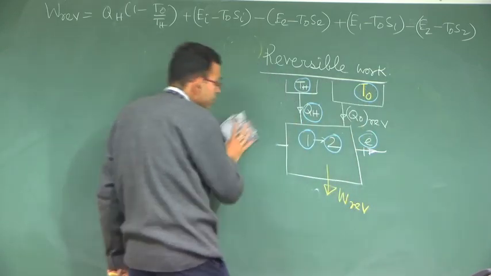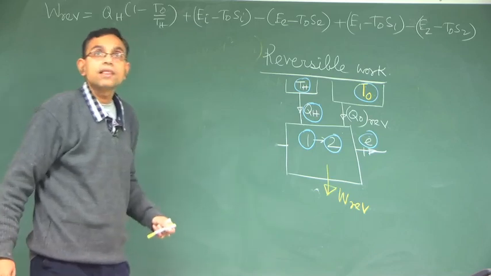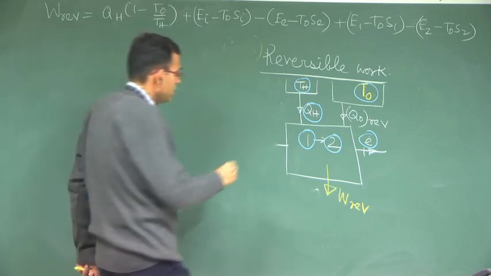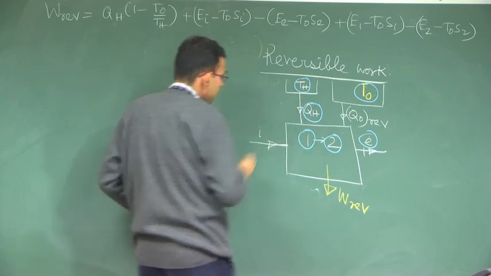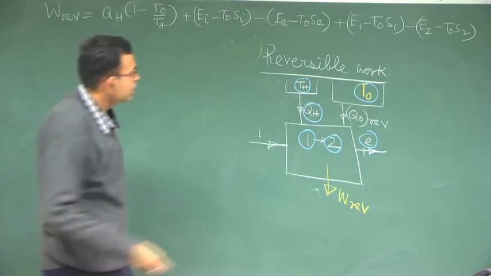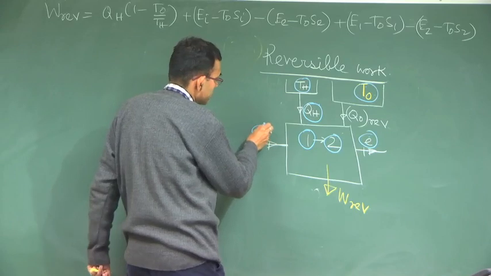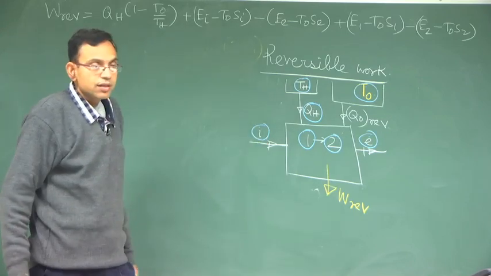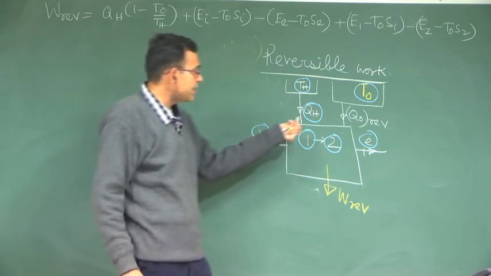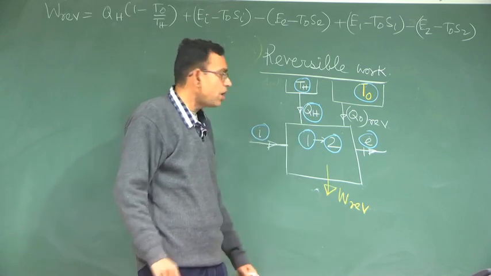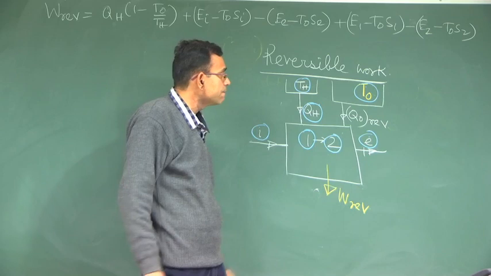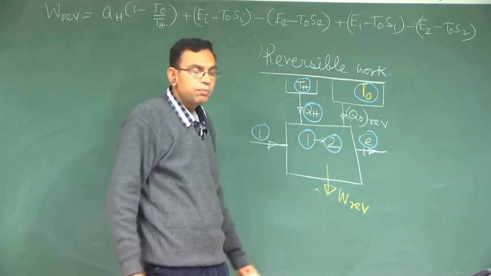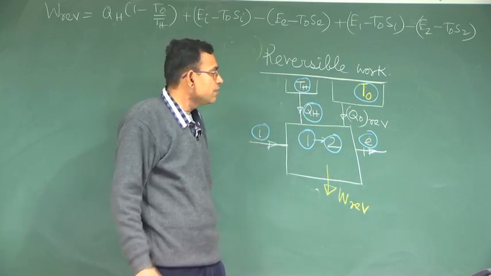So, the same box which is the control volume, you have state I, let me encircle it, same inputs, that is you have heat transfer QH to the box, it changes from 1 to 2 and the exit is E, T0 is there, but the process is not reversible.